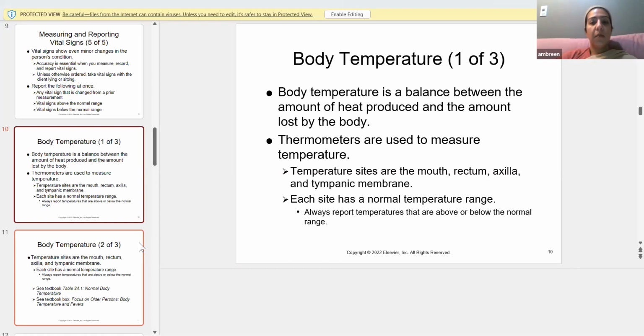Temperature sites are the mouth, rectum, axilla, and tympanic membrane. Each site has a normal temperature range, and as I mentioned, every site of the body is different. So we are looking at the core temperature. That's why normally we take oral, or if oral does not work, we take axillary.